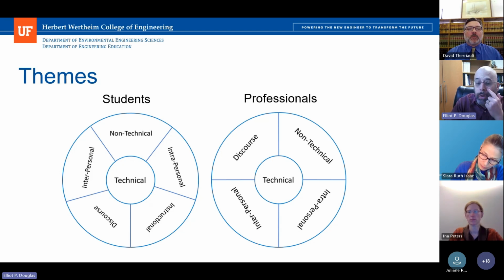That's how we're defining it. So all the things you think about when you think about the calculations and things like that with ambiguity. There are some differences in the sub-themes. I'm not going to go into great detail between those, although you'll see an example in a little bit. So that's the center. Without that technical piece, we don't have an engineering problem.